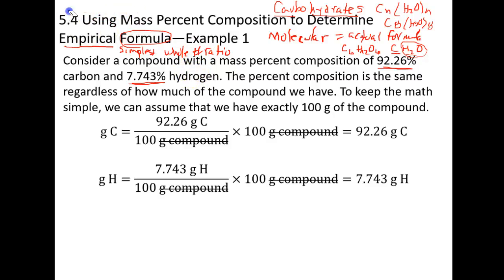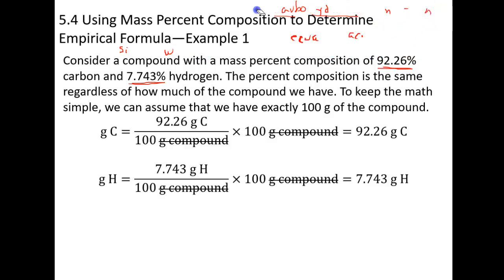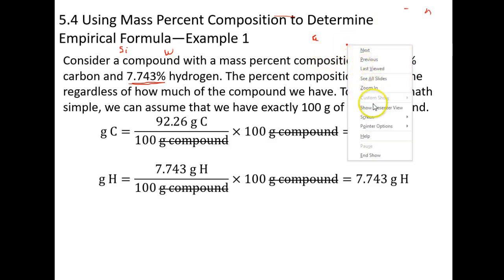Let me erase all this stuff because there's just too much clutter. Actually, let me see something. I've been doing this so many times. Is there a way? No, that's just ending it. Oh, pointer options. Erase. Erase all.